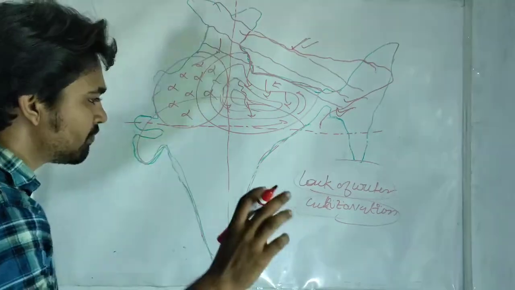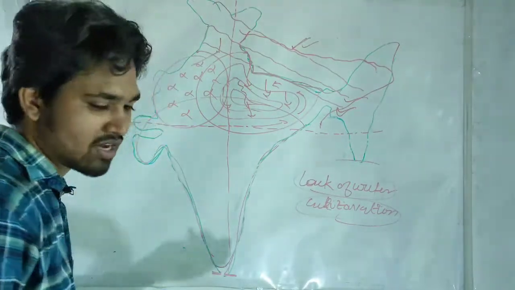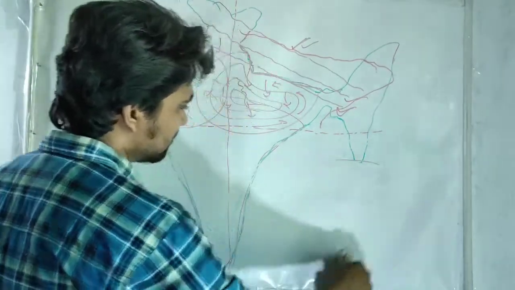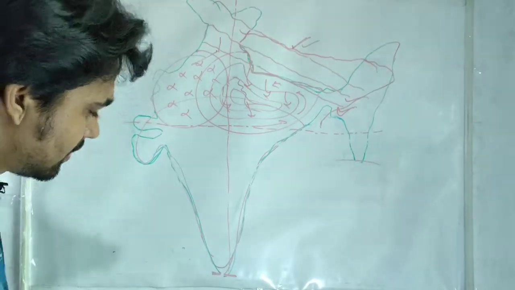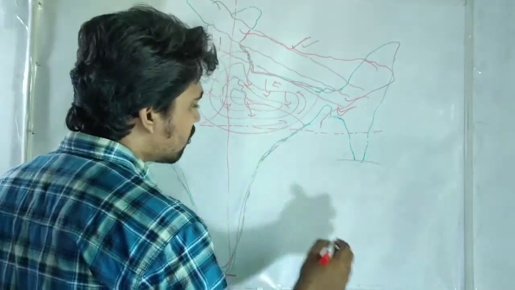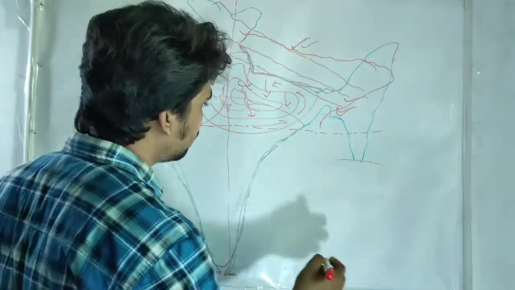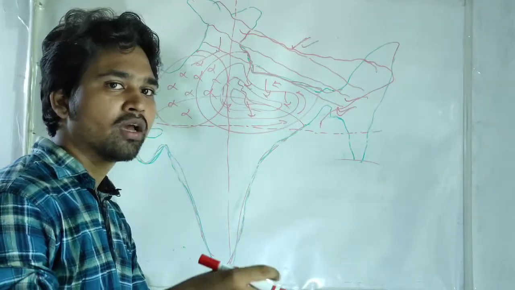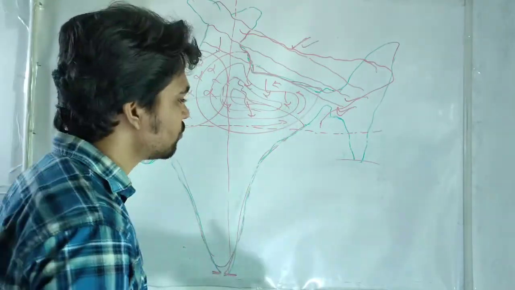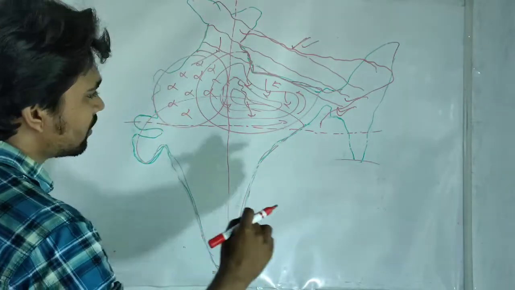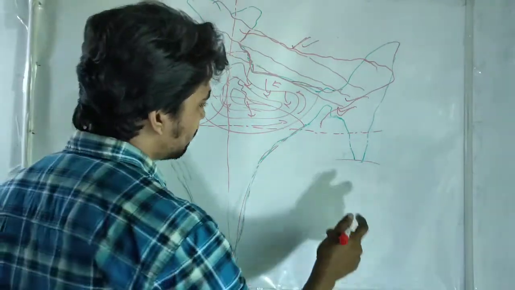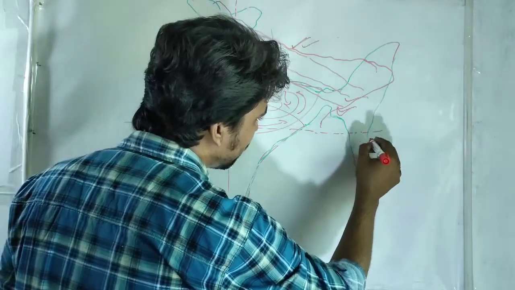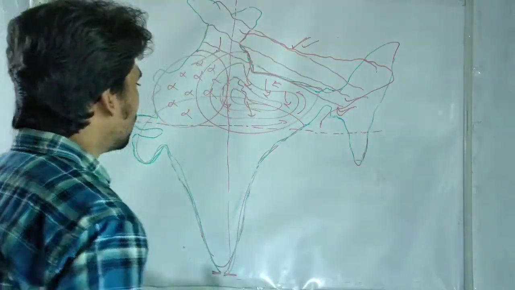Friends, in the fourth part we discuss plateau areas. I have already discussed plateau: any natural elevation which is approximately 100 to 1000 meters from sea level is called a plateau, and its basic character is a table-like shape.